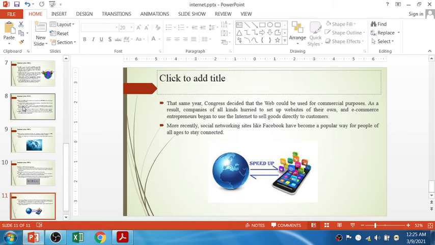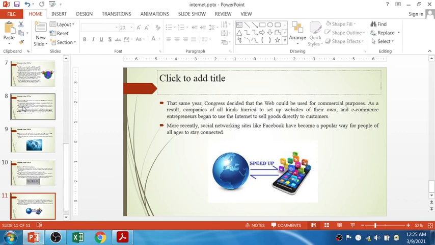That same year, Congress decided that the web could be used for commercial purposes. As a result, companies of all kinds hurried to set up websites of their own, and e-commerce entrepreneurs began to use the internet to sell their goods directly to consumers. More recently, social networking sites like Facebook have become a popular platform for people of all ages to stay connected.